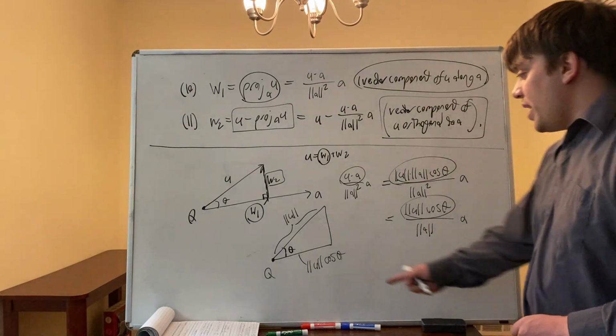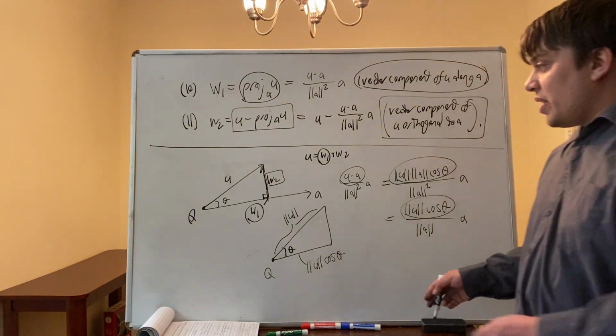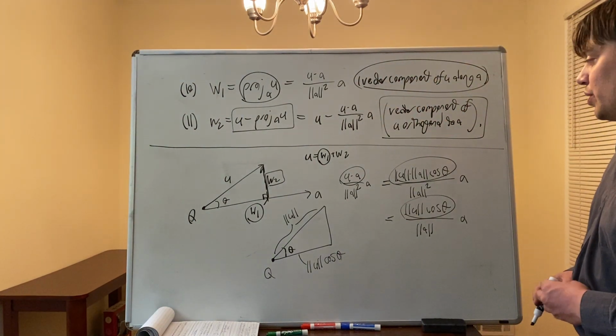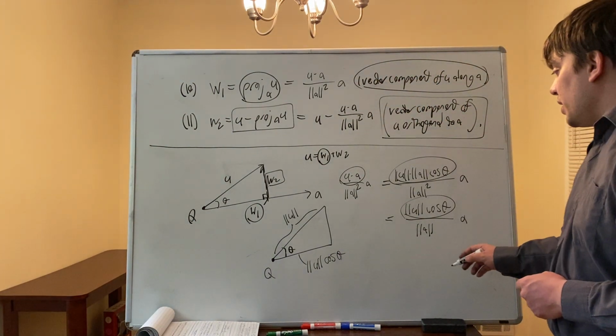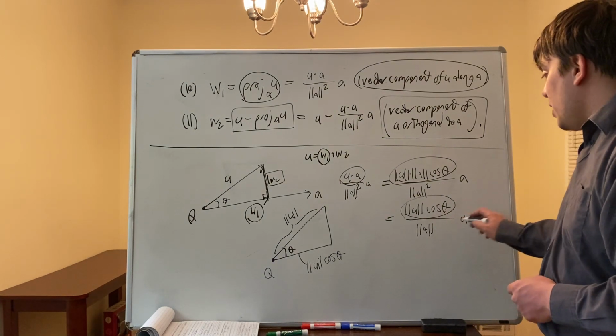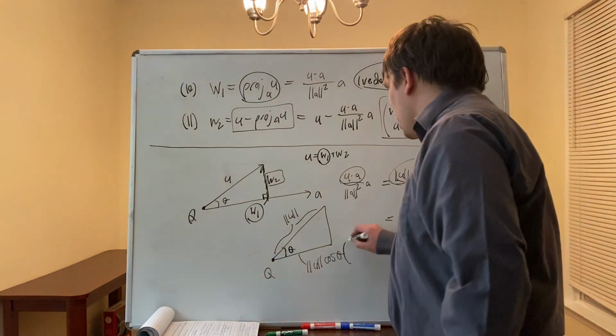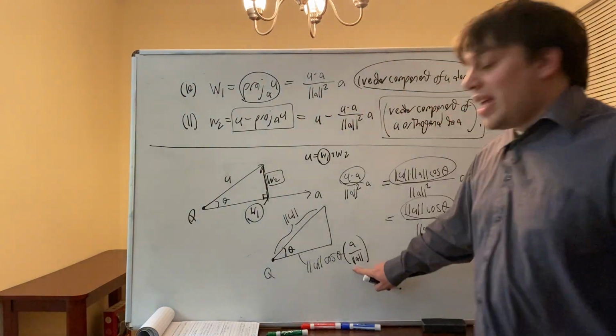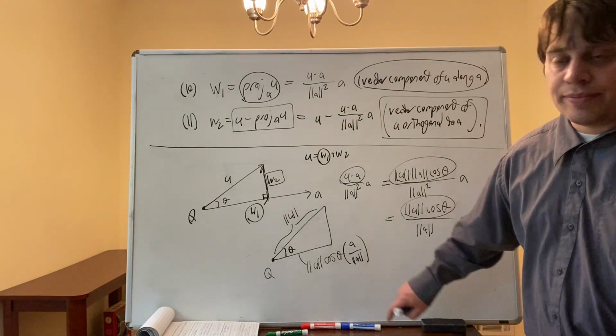Now you're taking the norm of u cosine theta, the length of this side of the triangle, and multiplying it by a over the norm of a. That's the unit vector in the same direction as a.